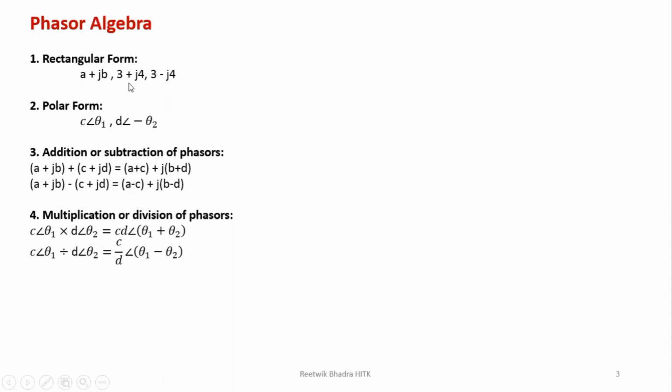So this J form has to be converted into theta form. Suppose if I give between them a plus sign, at that time plus is performed only in J form, so this D at an angle theta has to be converted into J. So interconversion of form is required.